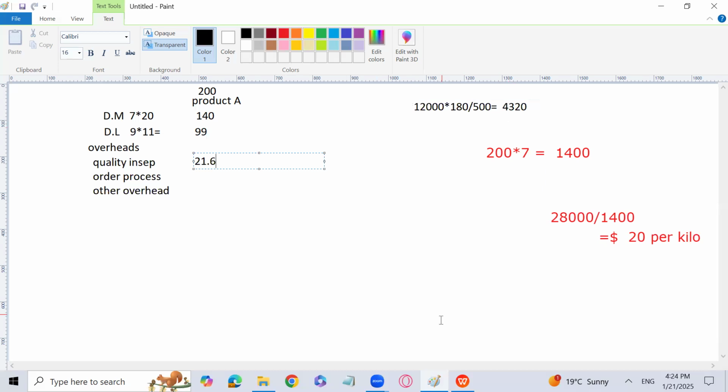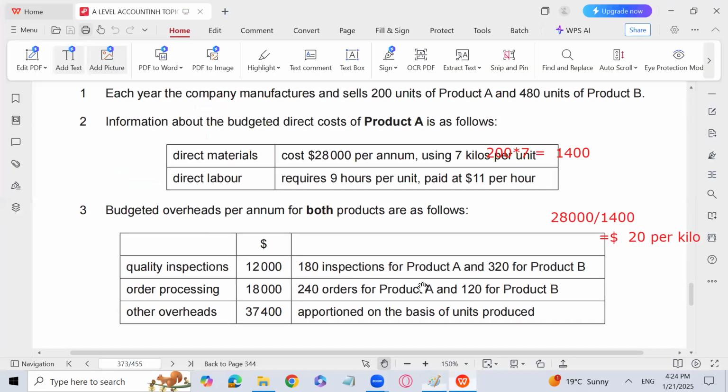I don't need to calculate the overhead cost for product B regarding quality inspection, which would be 12,000 into 320 divided by 500, and then divided by 480, but we don't need that. Next, order processing: 18,000 multiplied by 240 divided by 240 plus 120, which will be 360.